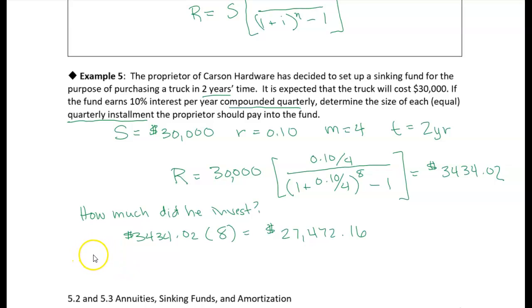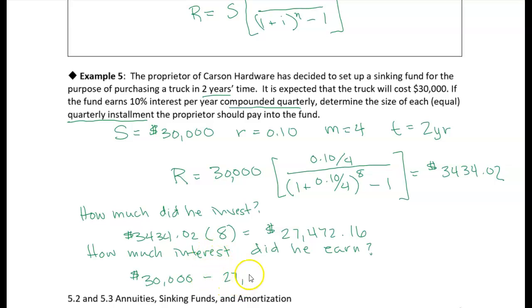Well, we can take the $30,000 that he ended with, because that was his target amount, and his payment was based on that target amount, and subtract the $27,472.16 that he put in, to be precise.